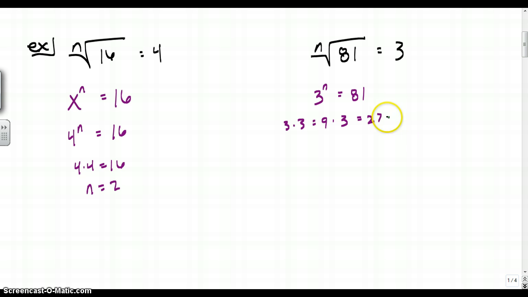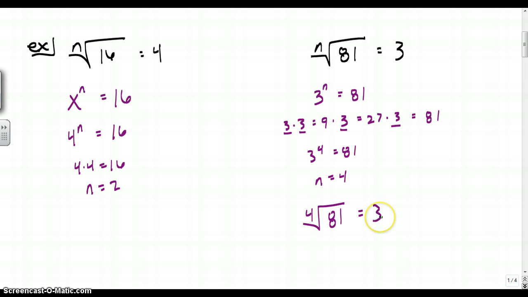That's still not enough. So let's do times 3 one more time, and that gives me 81. So I did 3 times itself 4 times. So 3 to the 4th power equals 81. So in this case, n equals 4. And you could rewrite this as the 4th root of 81 equals 3.